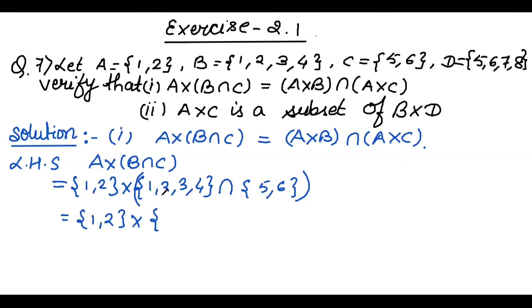You can see there is no element which is common in B and C, so we can write here the empty set. So 1, 2 cross the empty set. Whenever we take the Cartesian product of the empty set with a non-empty set, we know the result will always be the empty set. So here the LHS value we are getting is the empty set.